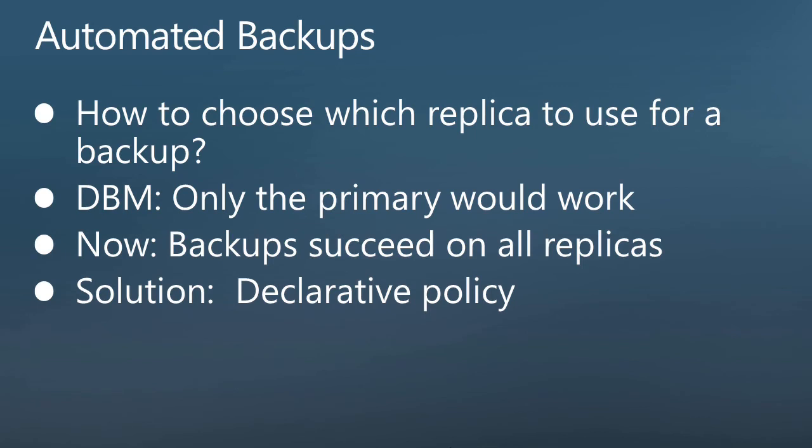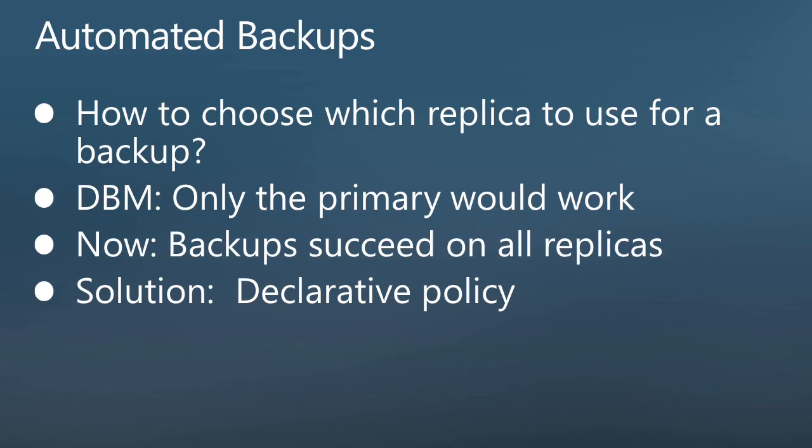With database mirroring, it was a fairly simple scenario because only the primary worked, right? So what a lot of people did to configure backups in that situation was to have a backup job running on both the primary and the mirror node, both sides of the relationship, and whichever node didn't happen to be primary at the moment, those backups would just fail, and that would be an expected failure. That way you would only do backups in one place at a time, and you wouldn't miss any because whichever node was primary would do the backups.